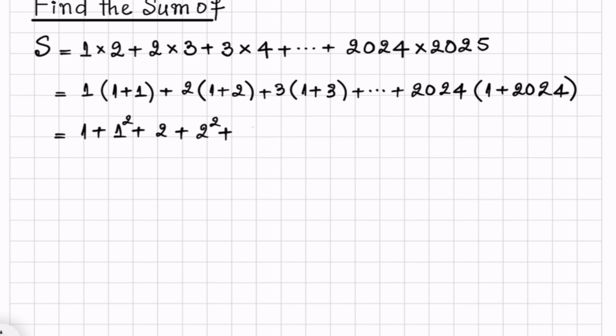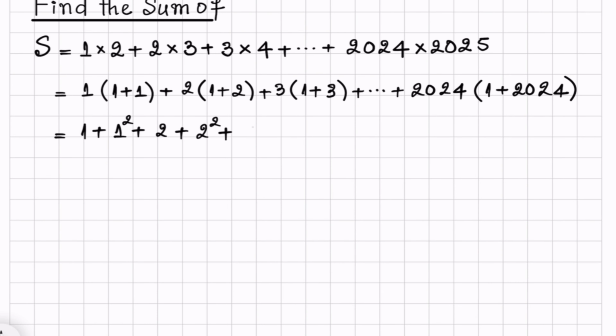Okay, so now I'm going to group 1 with 2 with 3 and then dot dot until 2024, okay, and then we group 1 square with 2 square with 3 square and then dot dot until 2024 square.